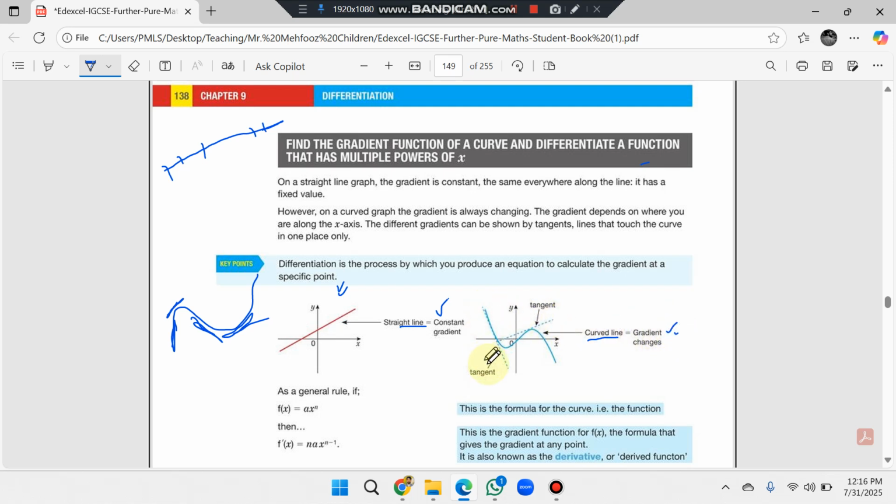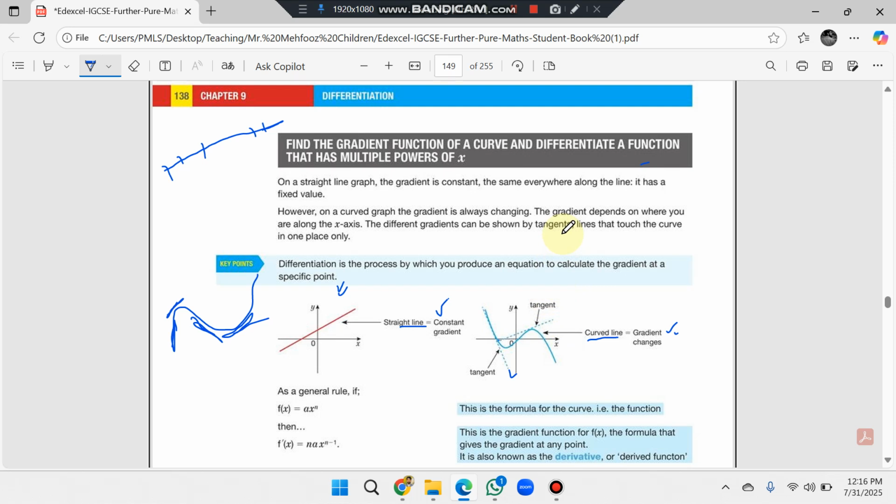At that point its tangent is this dotted line, and also the gradient is this. At that point its gradient is this. In both cases your gradient is different. So if you can find the gradient at any point of the curve, all the points have different gradients, right?